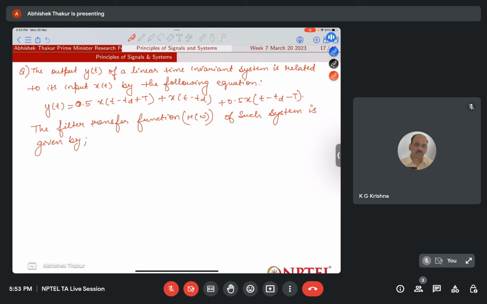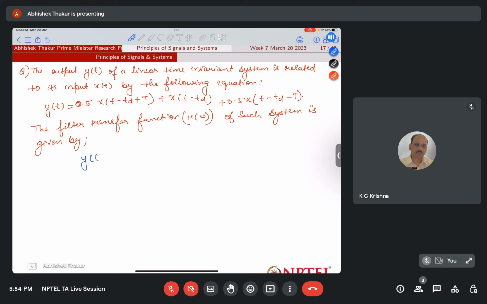So basically we first write the input-output relation equation, and after that we take the Fourier transform on both sides. We will get Y(omega) in terms of X(omega). Then we divide Y(omega) by X(omega), and that will be our H(omega). So we'll proceed in the same way.